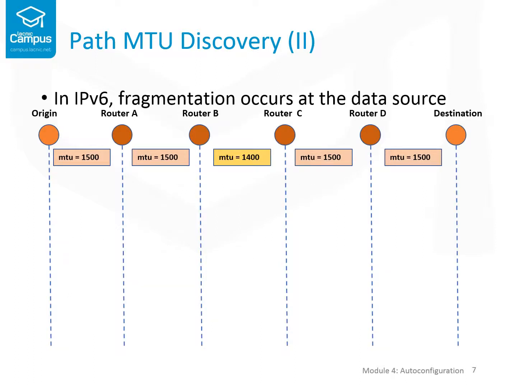Let's see how this path MTU discovery process works. Even if not used proactively, it will be used by IPv6 to detect potential MTU problems and use fragmentation, which is different in IPv6 and IPv4.